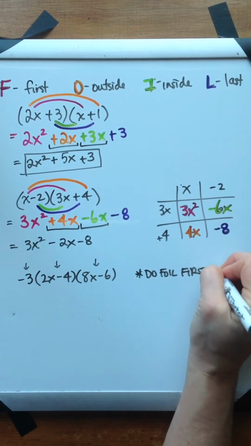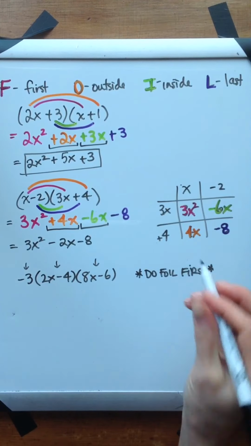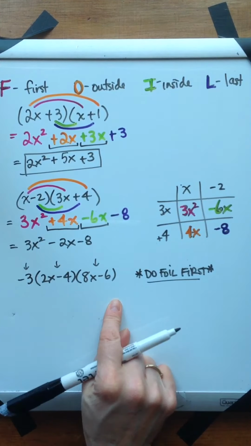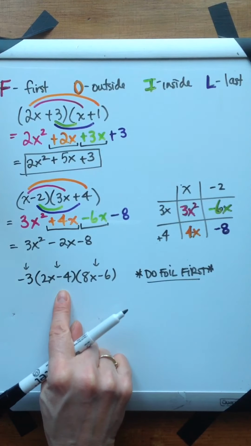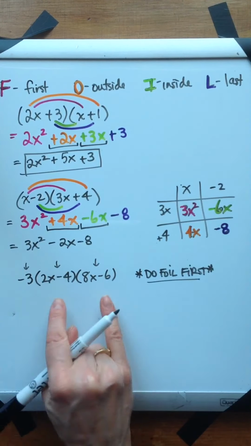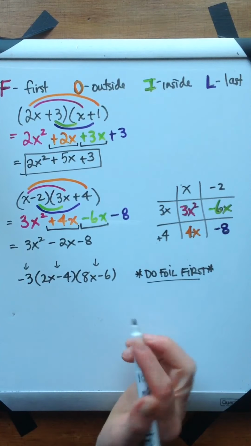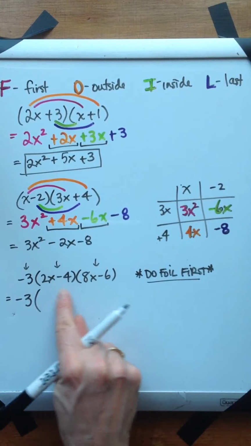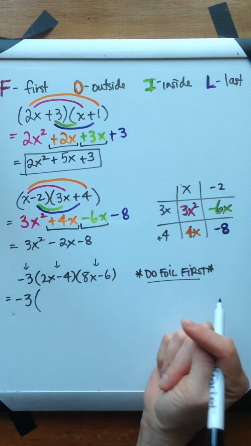Do FOIL first, do FOIL first, and do the dance, whatever it takes for you to remember to do the FOIL piece first. Okay? It's not wrong to go the other way, but in certain scenarios it gets people into trouble. So I'm going to leave that monomial alone, and let's see if we can FOIL this time without the colors.